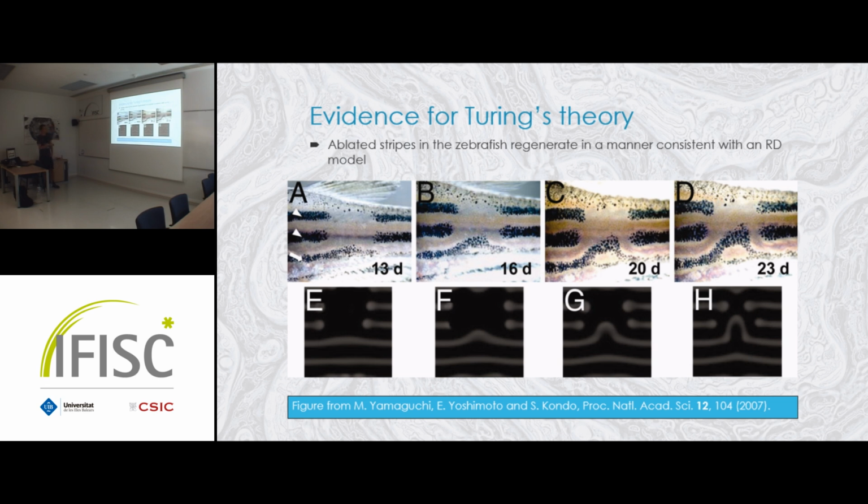Instead, you get a strange bleeding of the stripe below into the gap. And this is recreated rather nicely by the reaction-diffusion model. So again, you get this bleeding of the stripe below into the gap. You're getting something for nothing, obviously. Your theory is predicting something unexpected which you didn't put into it. So this is evidence that maybe there's some sort of reaction-diffusion mechanism going on here.